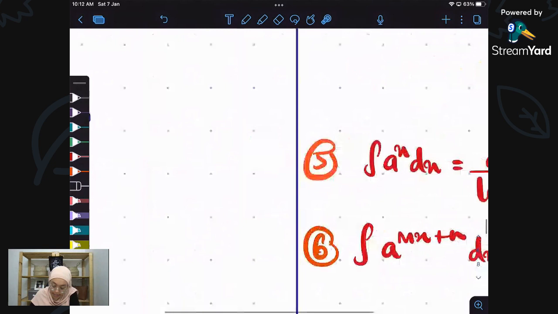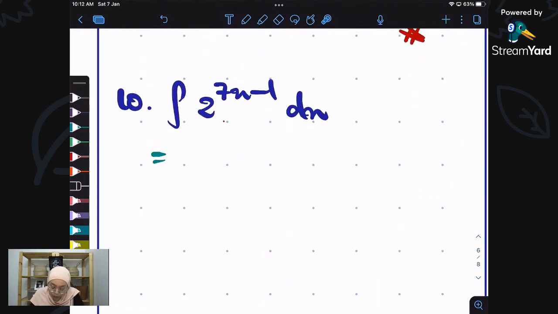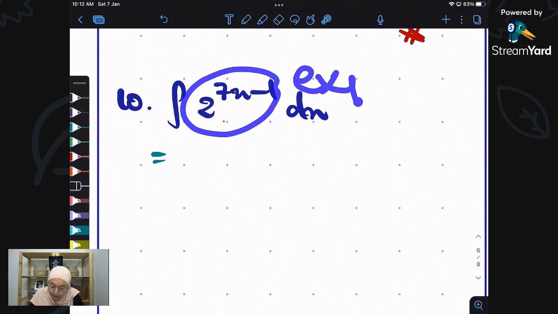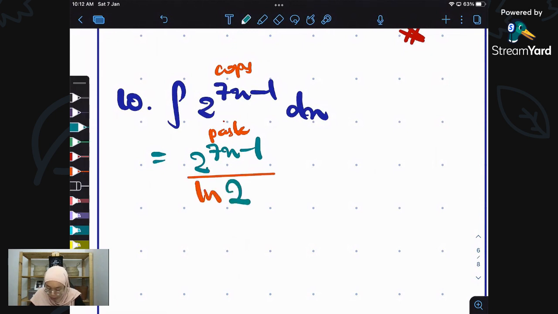Okay, right. Next one. So again, we still have the integral of an exponent. So copy paste, jangan risau, copy paste soalan seperti biasa. So the answer is 2 to the power of 7x minus 1. And then you must not forget to divide by ln apa? Ln 2.